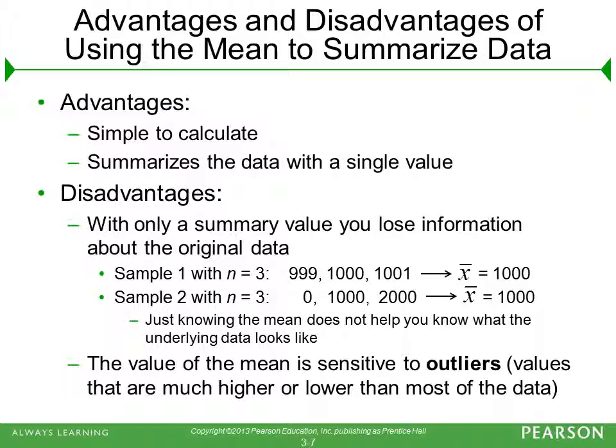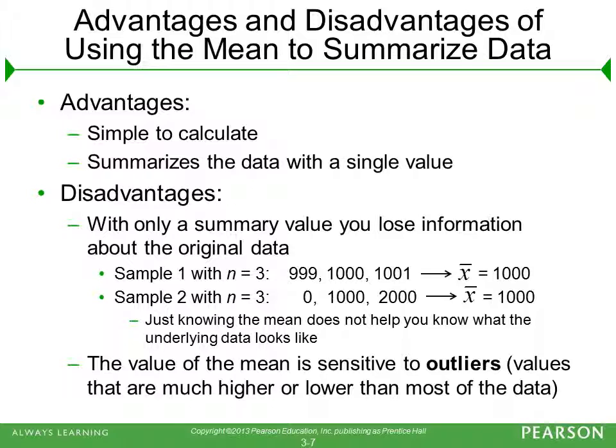So let's take a look at the advantages and disadvantages of the mean. Well, the mean is very simple to calculate. It's a very simple concept. It summarizes the data with a single value, so it gives you the average in one value, the middle.